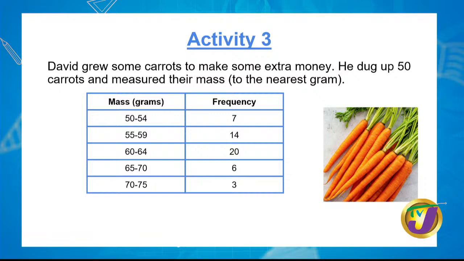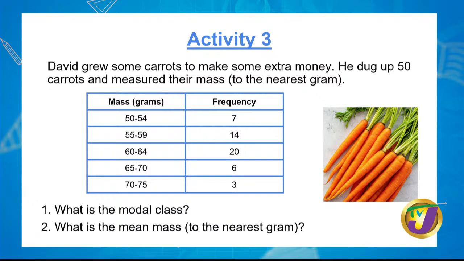So we're seeing our class intervals in the left column and the frequency for the carrots that fall within those class intervals. We need to find the modal class and determine the mean mass to the nearest gram for this data set.